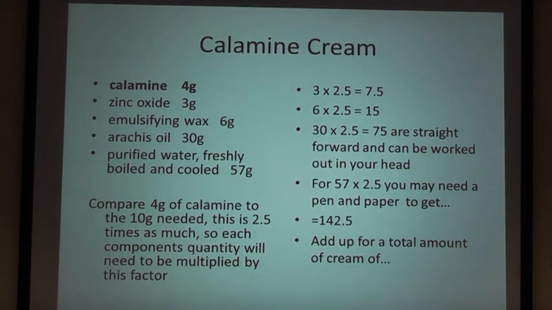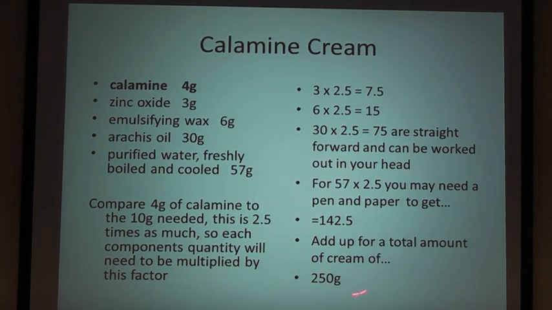You need to then add up for a total amount of cream of 250 grams. You know that the formula makes 100 grams. So if you're doing 2.5 times 100, you get 250. So the total amount of cream you can make is 250 grams.